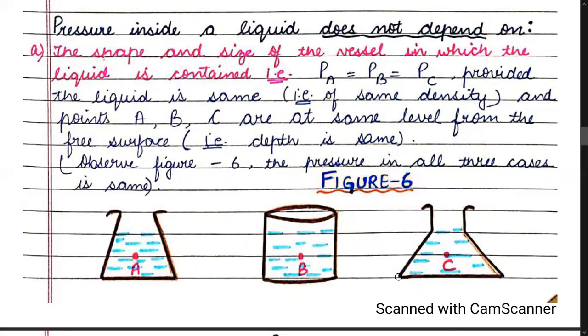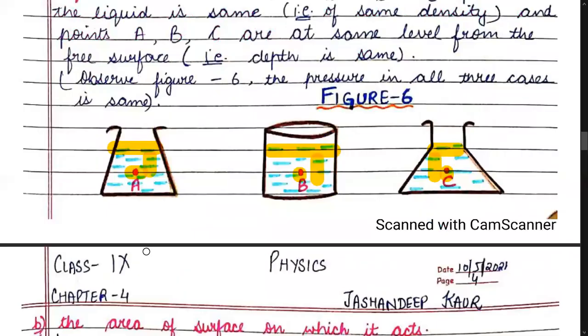Children, the shape of the containers are different, but the depth from the free surface is equal. The level of free surface, the liquid level, was same, and the depth from the free surface is same. Moreover, the density of the liquid is also same.